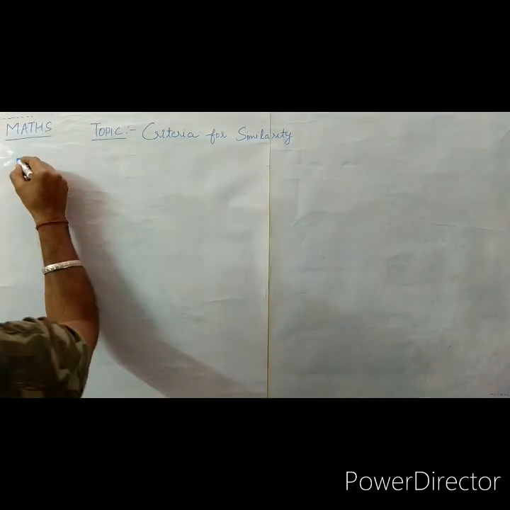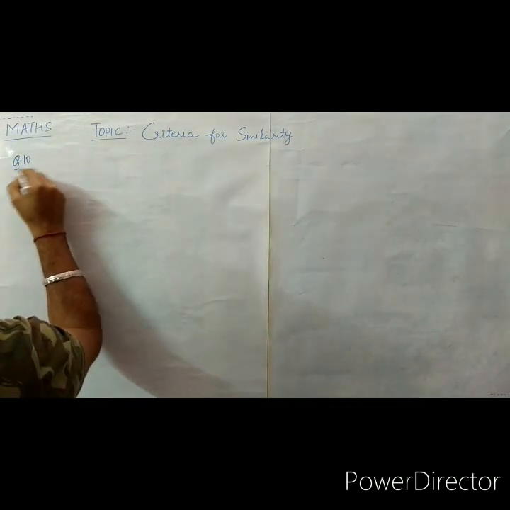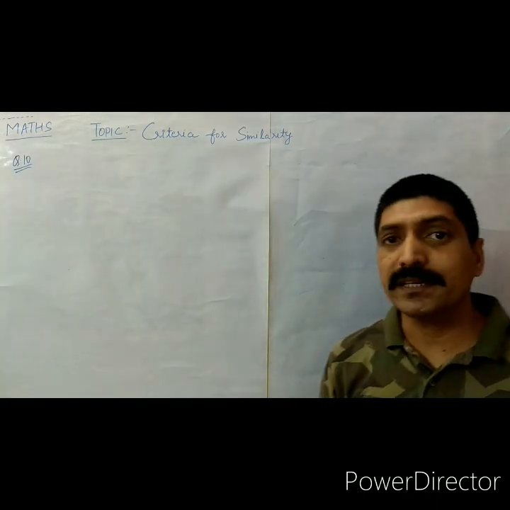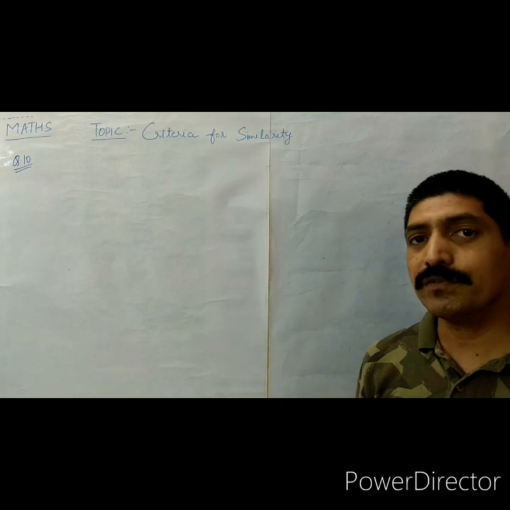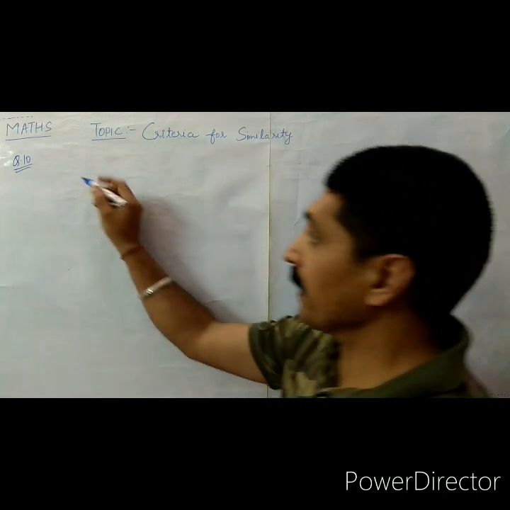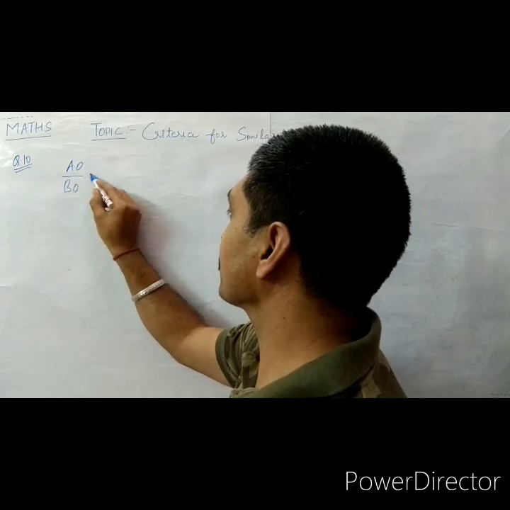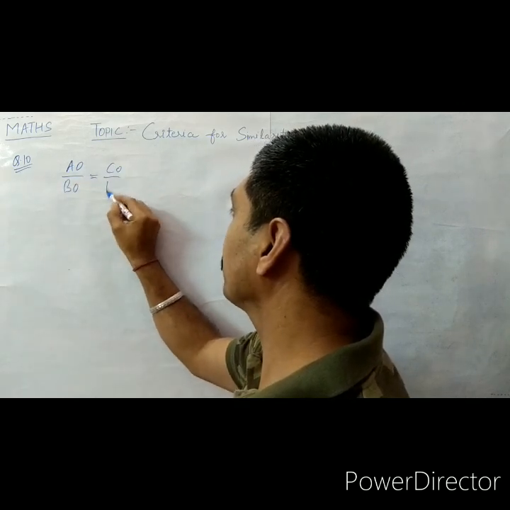Question number 10 says that ABCD is a quadrilateral in such a way that AO upon BO is equal to CO upon DO.